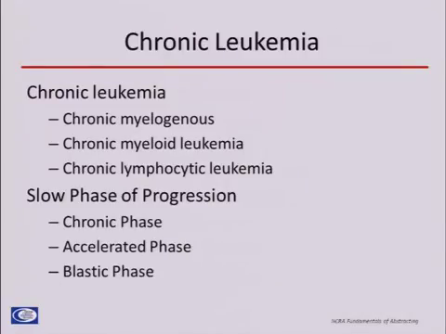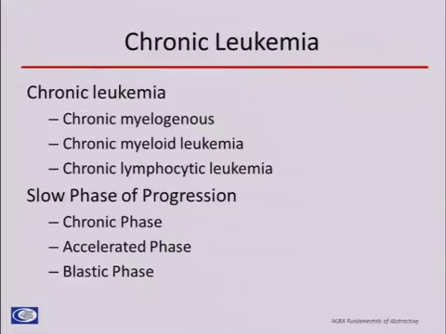So most of these chronic leukemias have a fairly long chronic phase. They can be present for a long time. And usually they're followed by blood smears, and they just keep an eye on it to see if it's changing. This accelerated phase, it's rare.